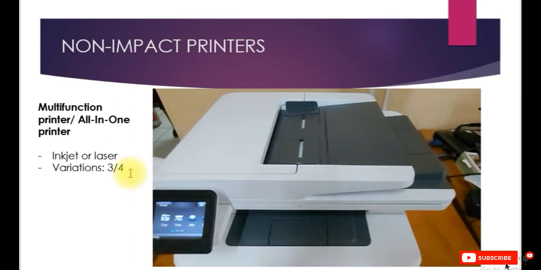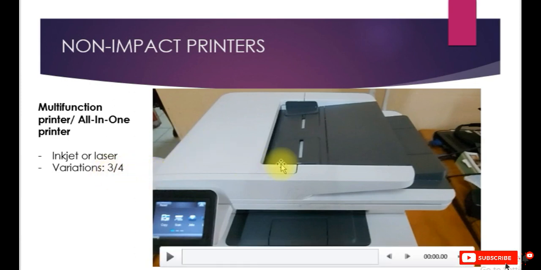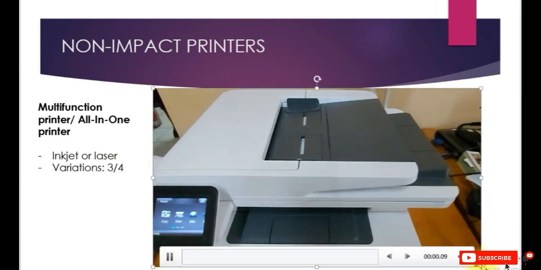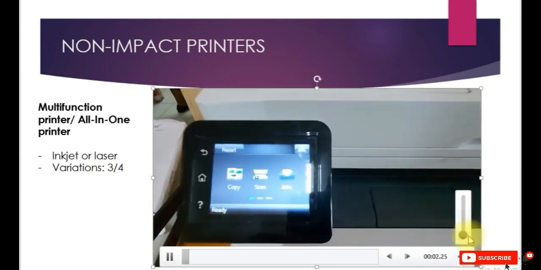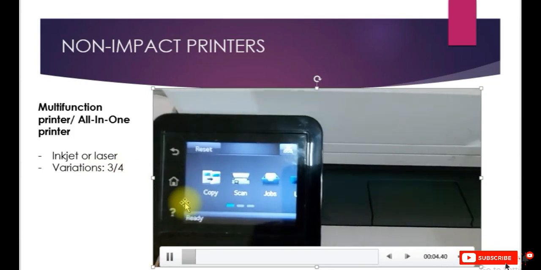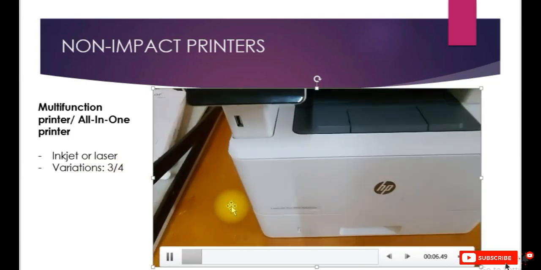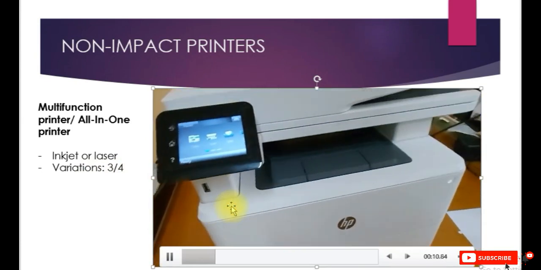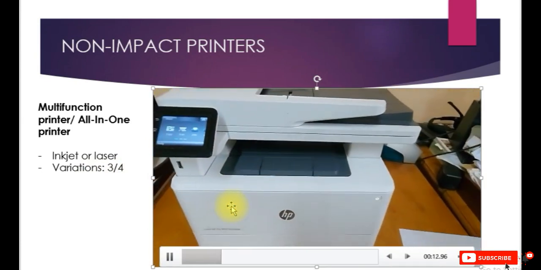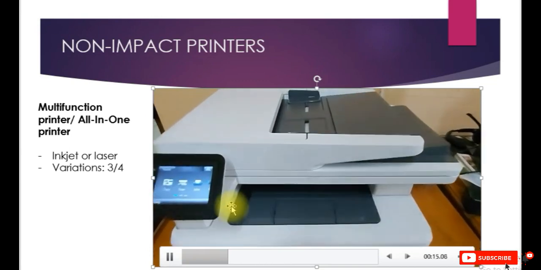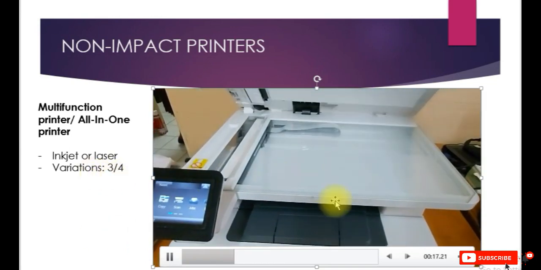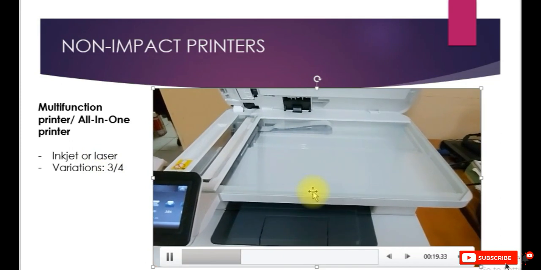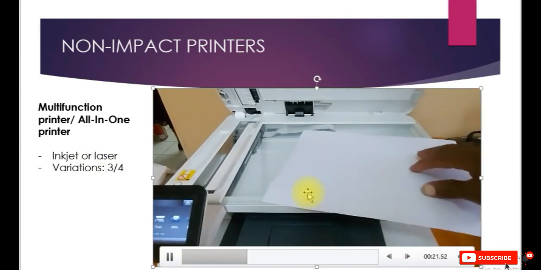Typically, you may have a multifunction printer that is 3-in-1. A 3-in-1 multifunction printer would have the capability to copy, as in to photocopy, to print, and to scan. Those are the three components that a 3-in-1 multifunction printer would come with.